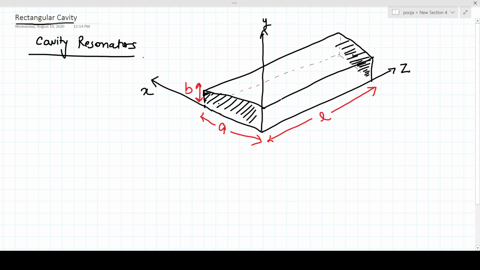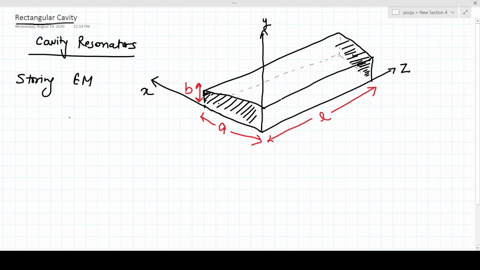These types of cavity resonators are used at frequencies above 3 GHz. Since the electromagnetic energy is confined within its structure, these cavities are used for storing electromagnetic energy.